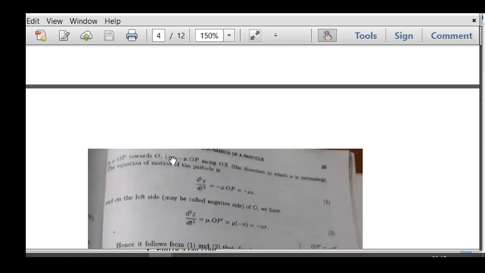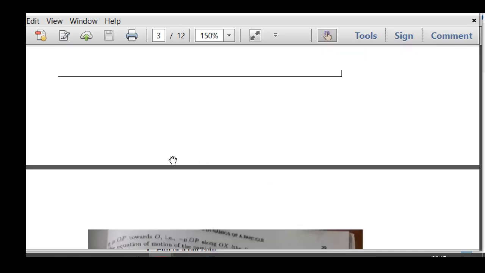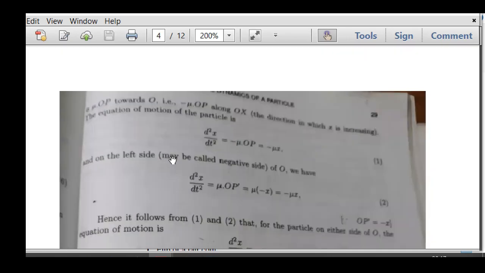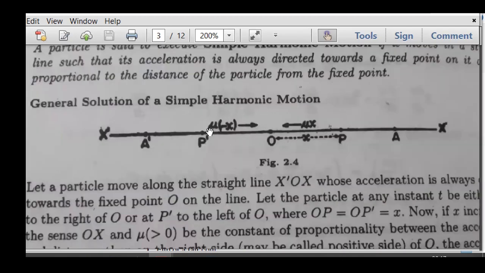Now, if this is our case of simple harmonic motion, then if we want to solve it, we have to frame the equation of motion as I already said. Here they are considering two parts. In the OX part, it is mu x, and in the OX dash part it is minus mu x, because along this there is a negative coordinate and along this is a positive coordinate, just like the positive x axis and the negative x axis.